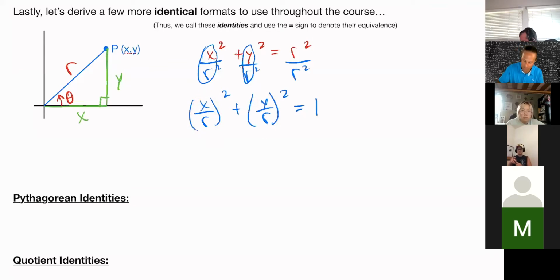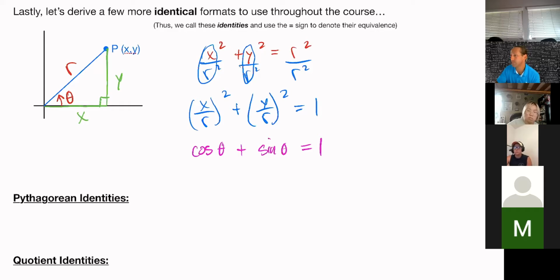So I'm going to rewrite this as cosine. What do I have to write after every trig function? Theta, some angle, right? Plus sine of some angle is equal to 1. But what am I missing? Square. Very good. Where should I put that square? Before the theta. Good.